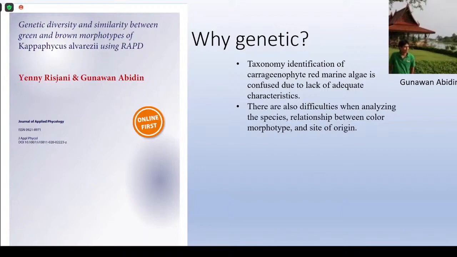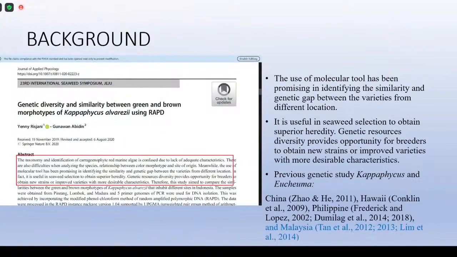Thank you. This is my ex-student, Gunawan Abidin. And there is also difficulty when analyzing the species relationship between color, morphotype, and site of origin. And the use of molecular tools has been promising in identifying the similarity and genetic gap between varieties from different locations.